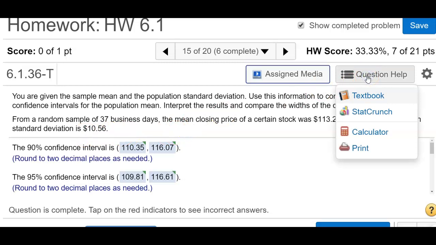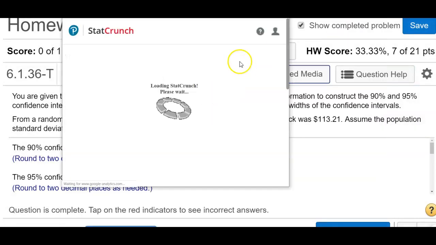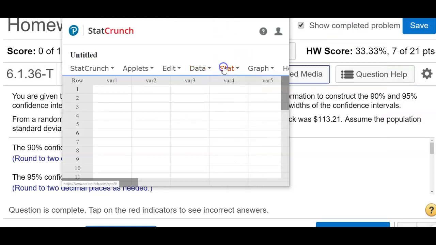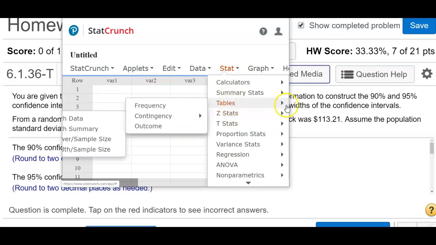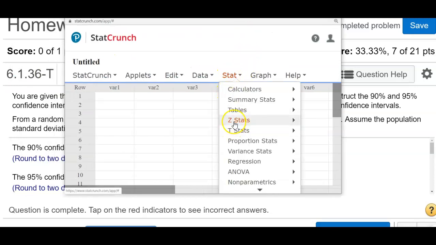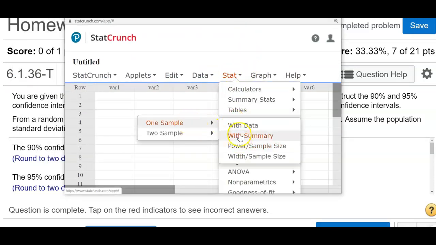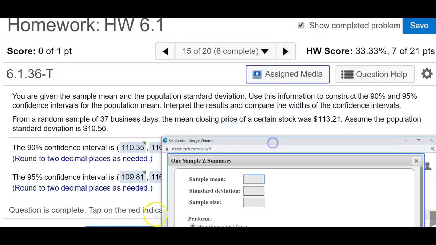How do I find the confidence interval? StatCrunch, right? And I go to Stats, ZStats, one sample, and let me expand this. I should have done that before. Stats, ZStats, one sample with summary. And let me make sure I have all the information.